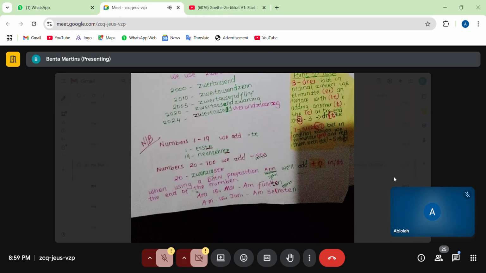Another rule is that for numbers from 20 to 100, we add STE. For example, take 20 itself.